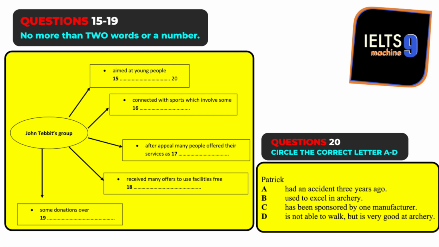For questions 15 to 19, write no more than 2 words or a number for each answer. For question 20, circle the correct letter.